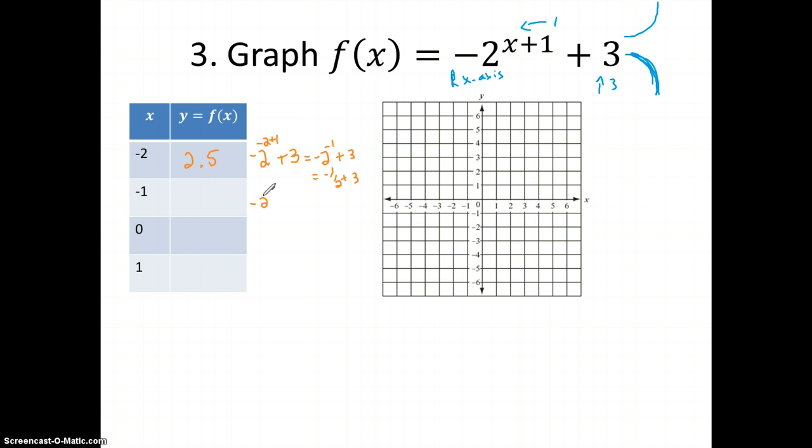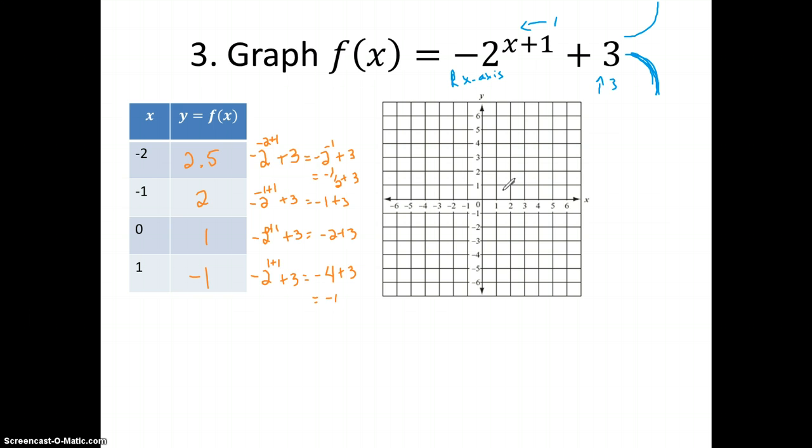Now we're going to plug in -1, which is going to be 2 to the 0, so we're going to have -1 plus 3, which is 2. Then 0: -2 to the 0 plus 1 plus 3 is going to be -2 plus 3, which is positive 1. And 1: -2 to the 1 plus 1 plus 3, which is -4 plus 3, which is -1.